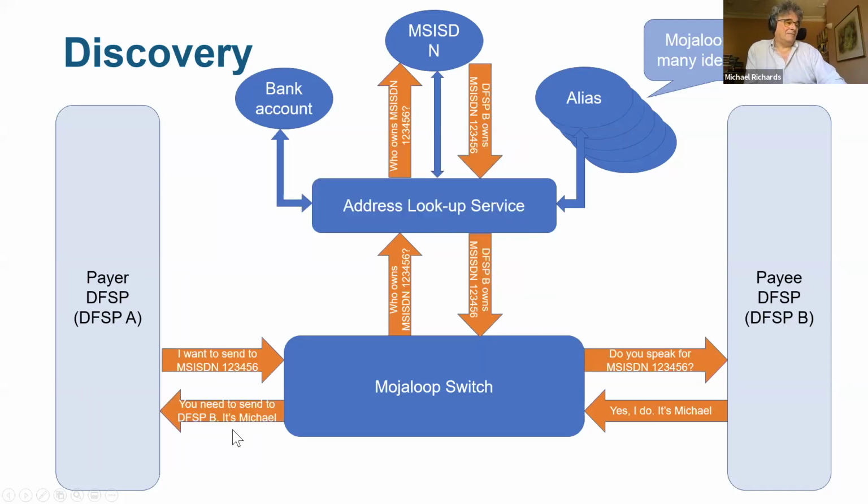That goes back to the payer DFSP, and they now know that, first of all, this transfer can be routed, and second, where to route it.